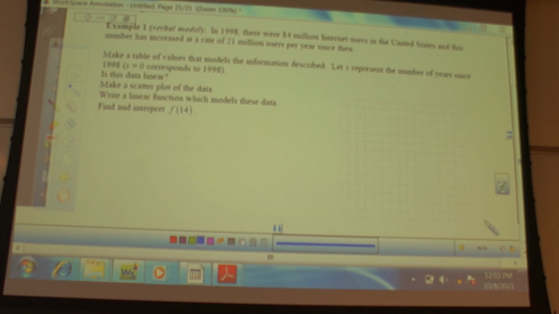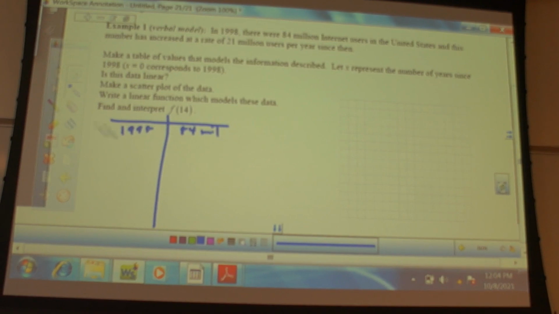Okay, good. So first I'm going to do the years. In 1998, there were how many? 84 million. But actually before we do that, what are the 2 things that are changing?